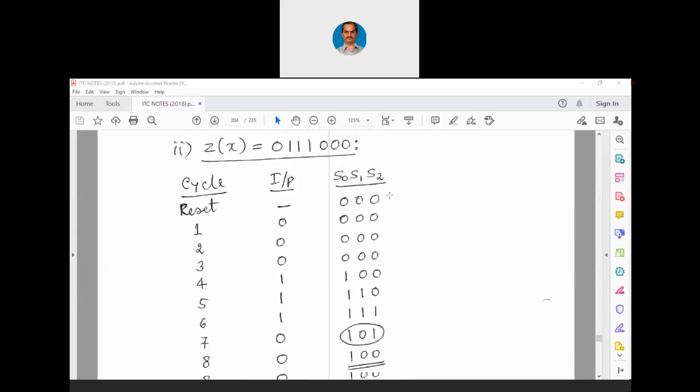Now let us move on to the second example, 0 1 1 1 0 0 0. So it is written here now 0 0 0 1 1 1 0. Now this is the received vector 0 0 0 1 1 1 0.